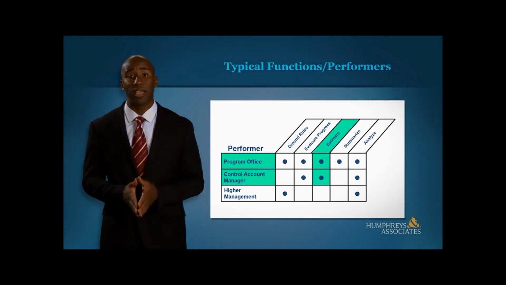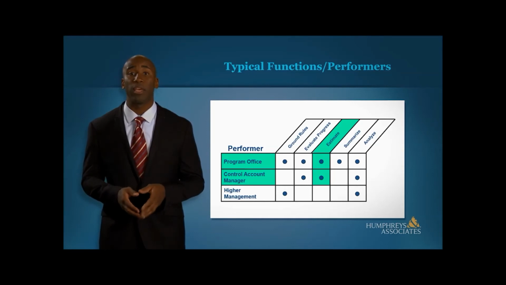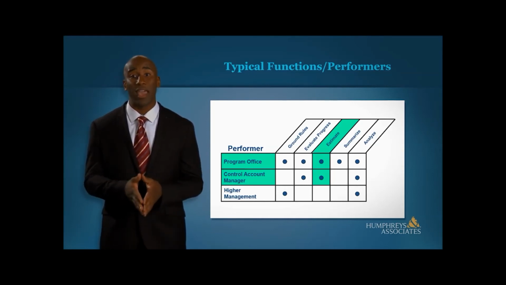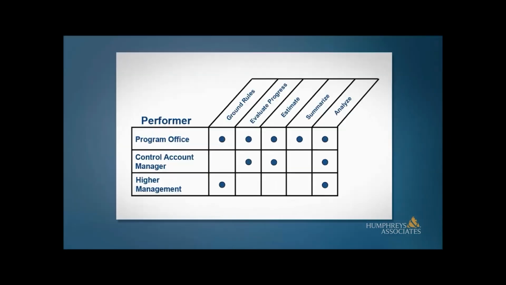An analyst and possibly estimators in certain functions support the CAM. Their job is to put the evaluation in the proper format and to verify that the assumptions were adhered to, as well as to provide summarized data for executive management. The project office summarizes the data for the review and takes the lead in providing analysis.